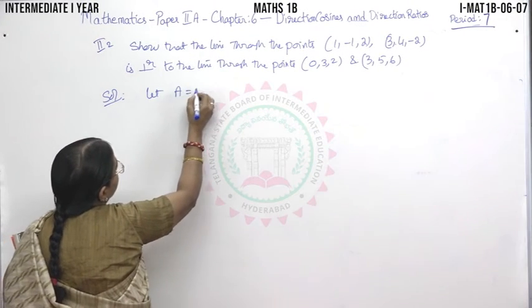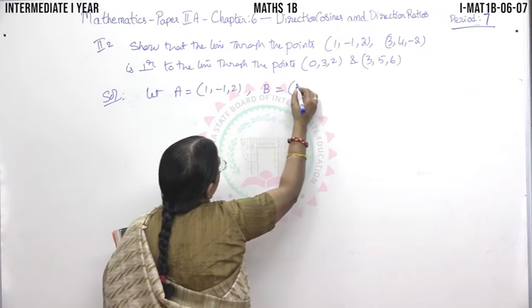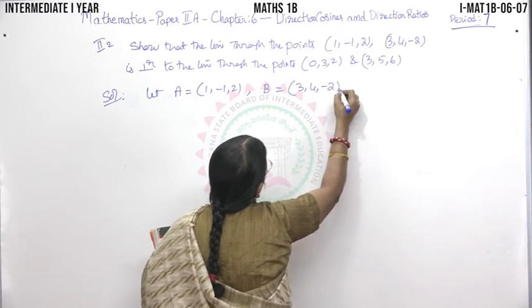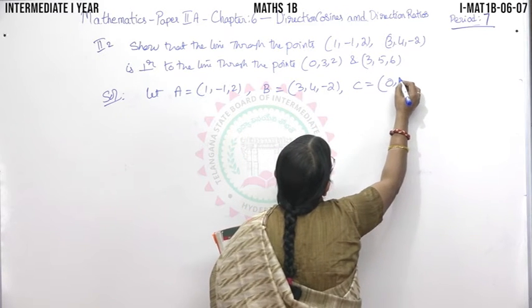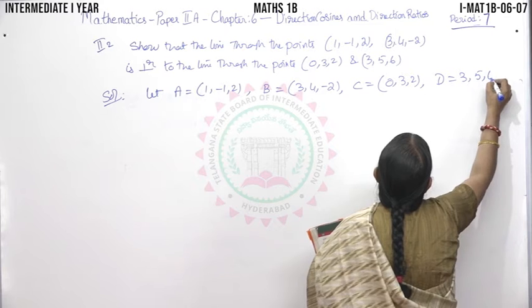So let A equal (1, -1, 2) and B equal (3, 4, -2). C equals (0, 3, 2). D equals (3, 5, 6).